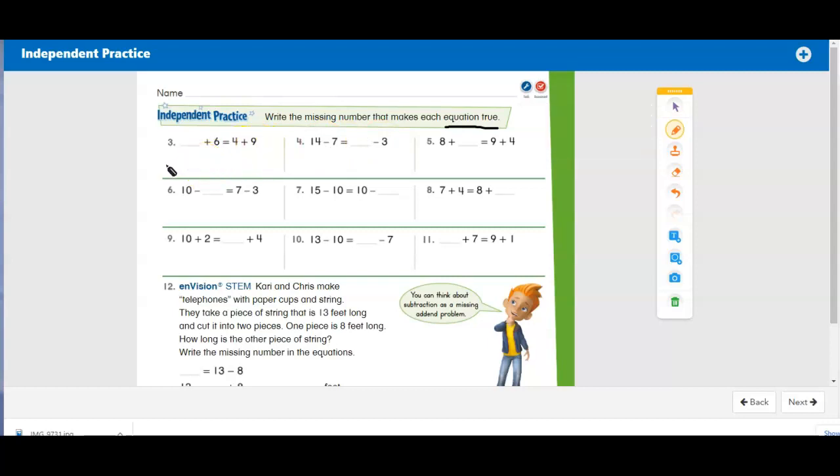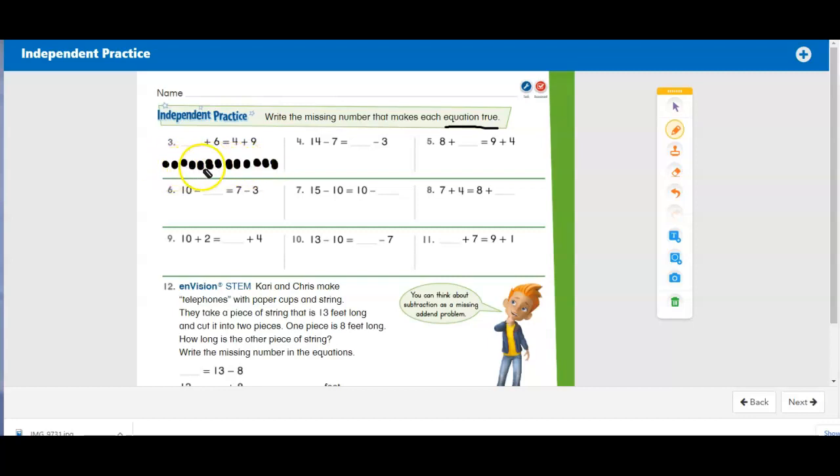So I can start by making 4 counters. 1, 2, 3, 4, and then adding 9 more. 1, 2, 3, 4, 5, 6, 7, 8, 9.